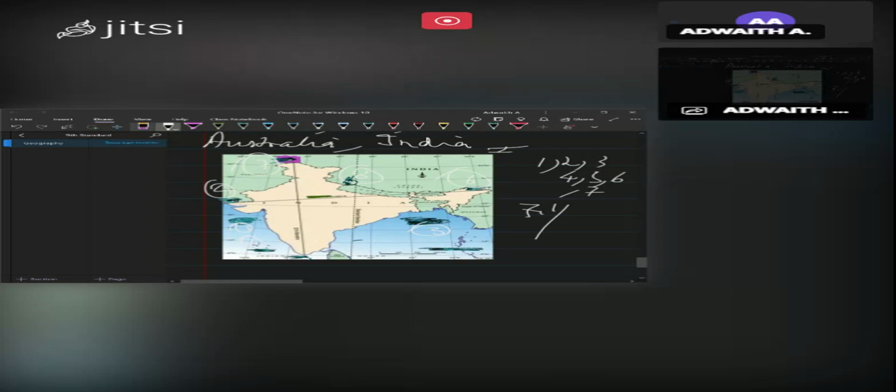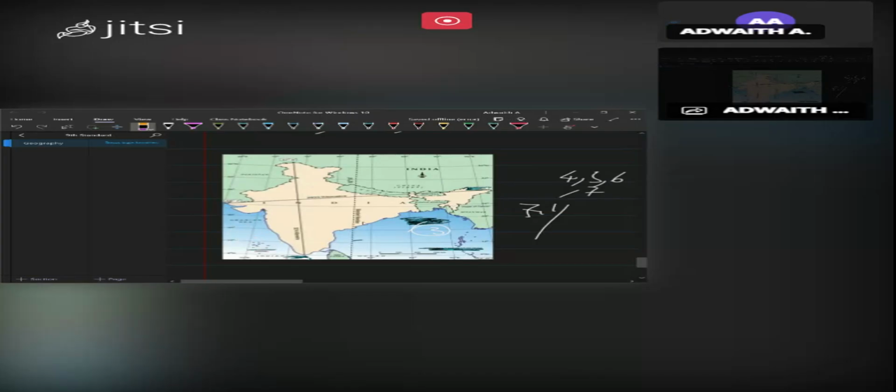Questions come like that. So that is how the map works. I am just rubbing everything out so that you can see the map. So this is how you have to study.